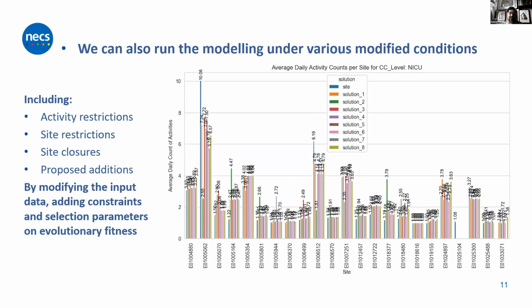We can do that by modifying the input data, adding new constraints and parameters onto the evolutionary model, and then testing the fitness again of a whole new evolution of solutions and seeing where that activity goes.